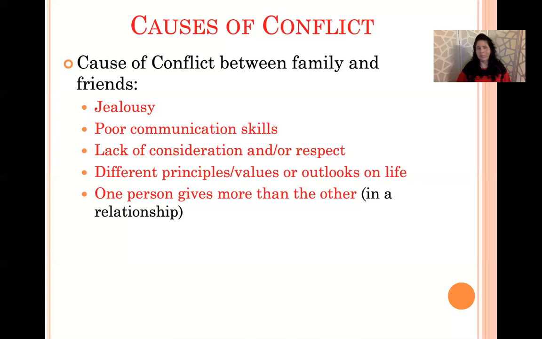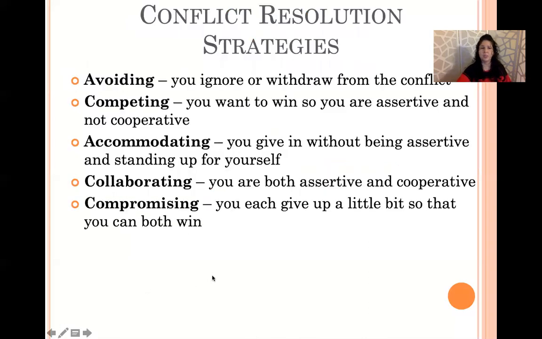And this is not a healthy relationship, because both of you deserve to be respected and valued in the same way, not one more than the other, okay? So these are some of the reasons that we have conflict. Hence, you can see why it's pretty common, why we are going to have conflict in all of our different types of relationships. Here are some different ways we can look at resolving those issues of disagreement.